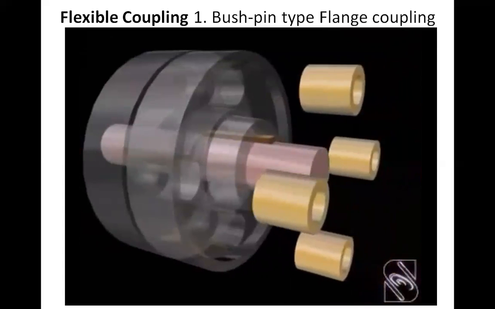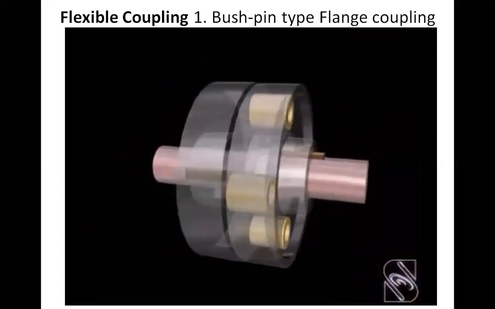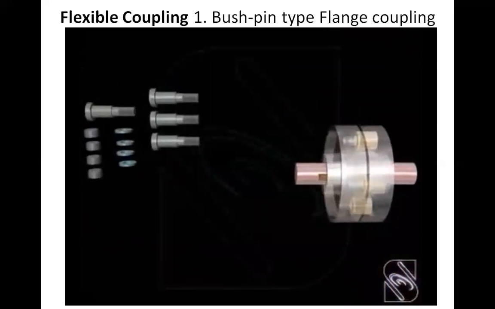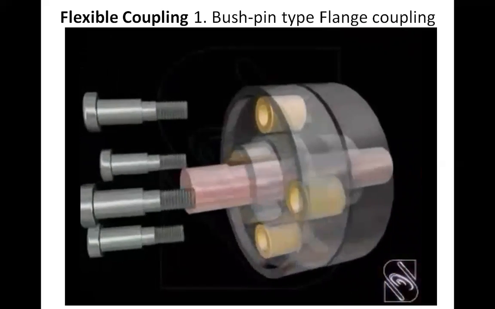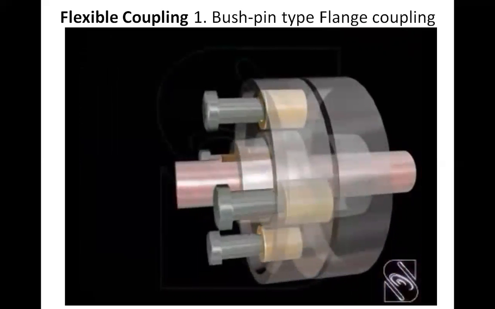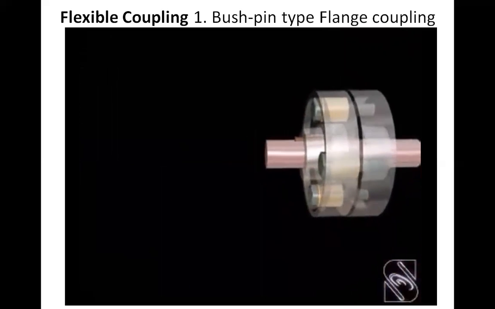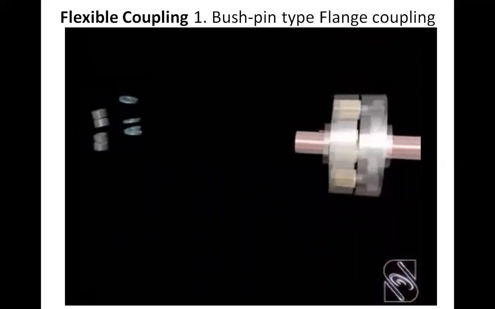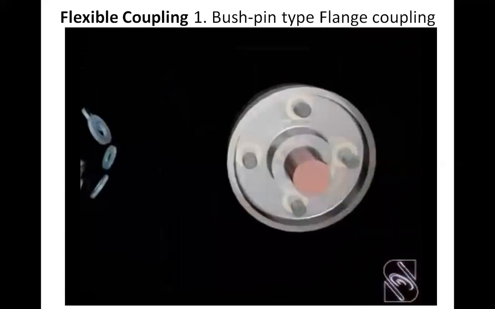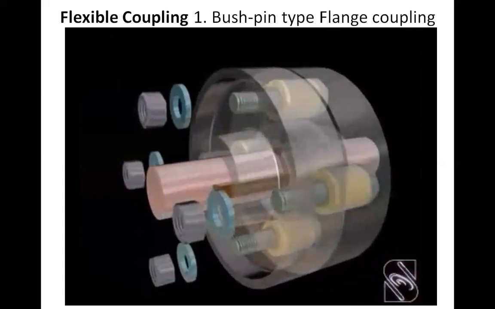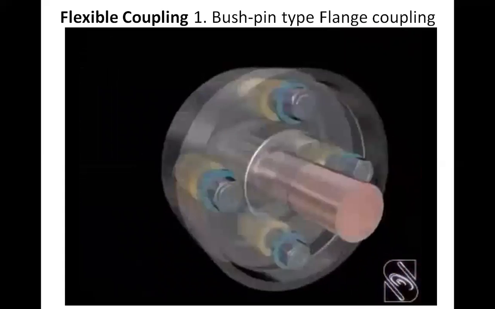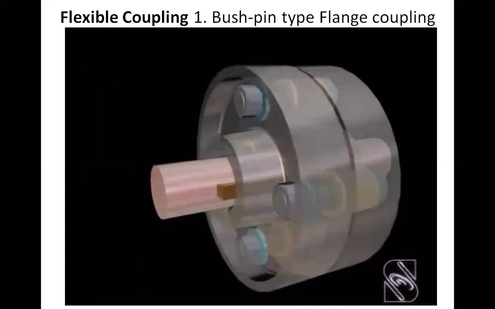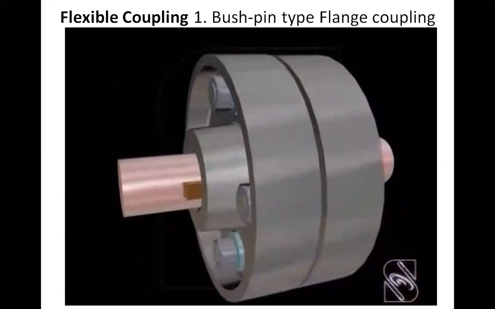The flexible bushes are fitted into the bigger sized holes of the flanges. Finally, both the flanges are connected together by means of bolts, nuts and washers. The flexible bush allows for slight misalignment of the axis of the shaft, and it also enables power transmission from one flange to the other without shock.